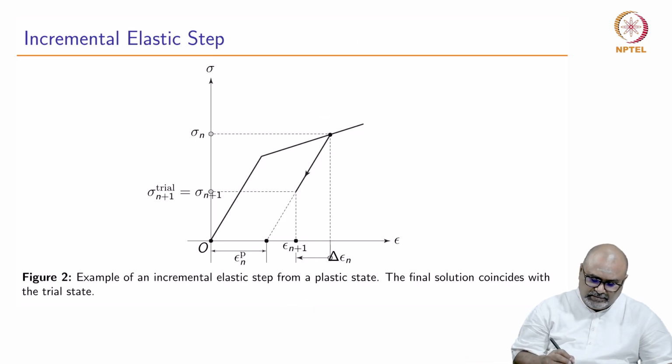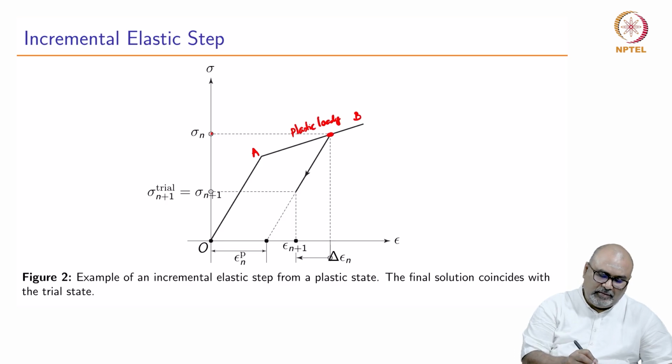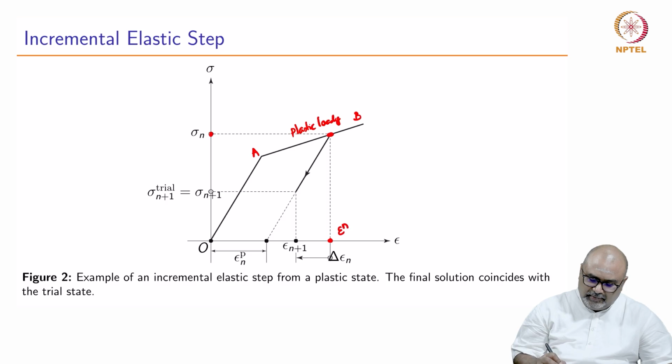So, this is how it is during a plastic process, when we are on the plastic loading curve and we are at a point here. This is sigma n, the corresponding value is epsilon n, and we are giving a trial: epsilon n plus delta epsilon n is going to be epsilon n plus 1. That is what we are giving here, delta epsilon n.